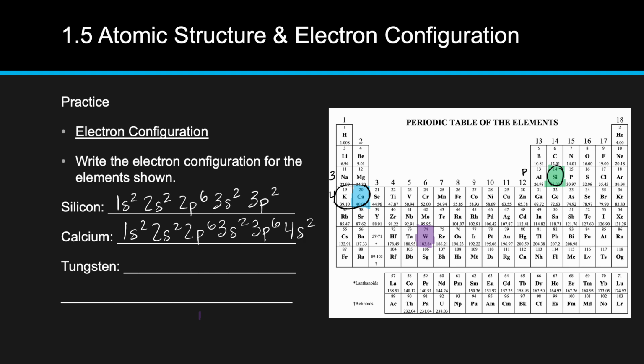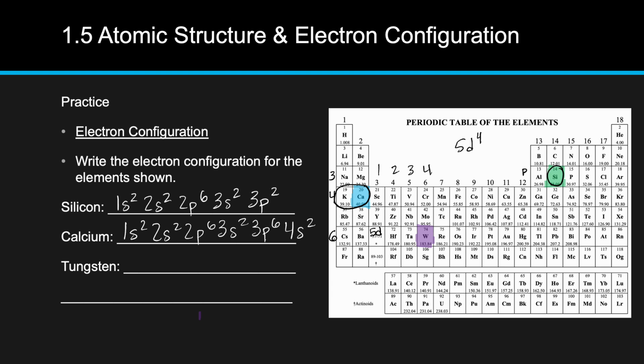And then we have tungsten, which is highlighted purple on our periodic table. We know it is ending in the 6th period, and D is 1 level behind. So this is actually 5d, and it is the 1, 2, 3, 4th element in that row. So we're going to be ending in 5d4.